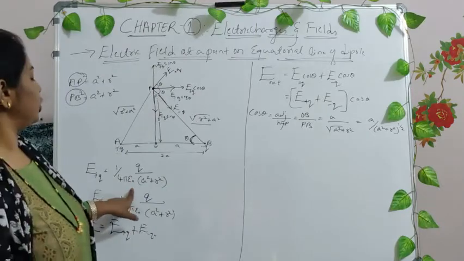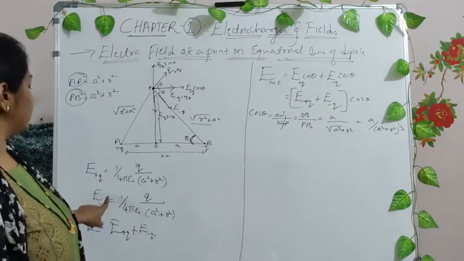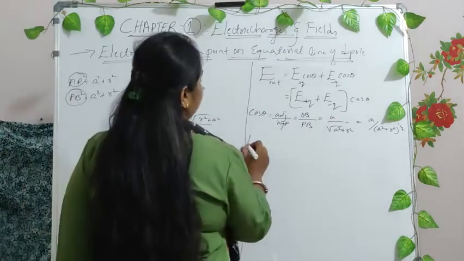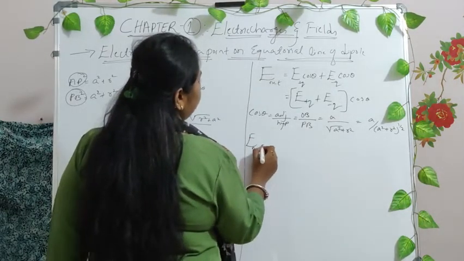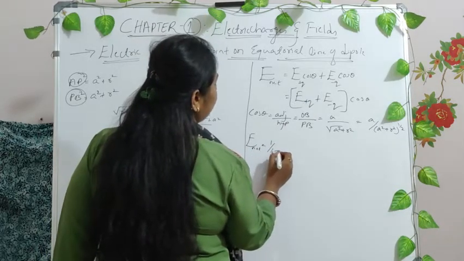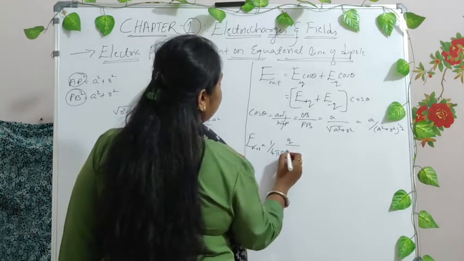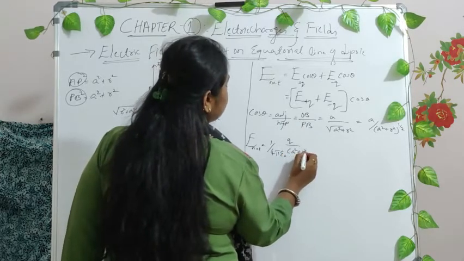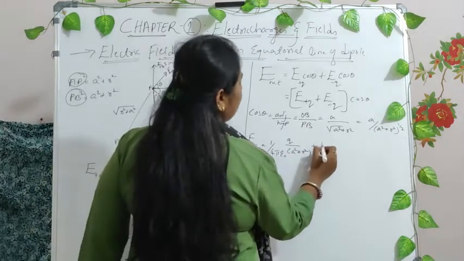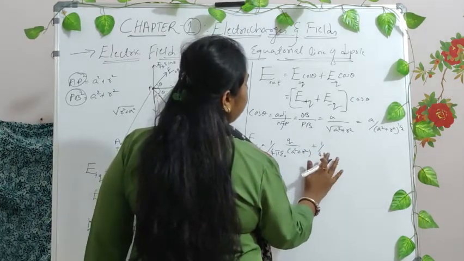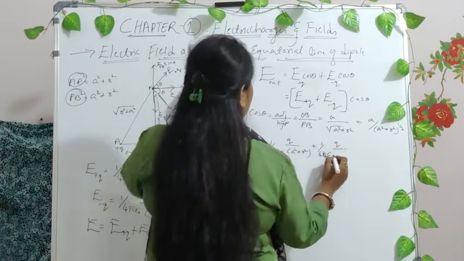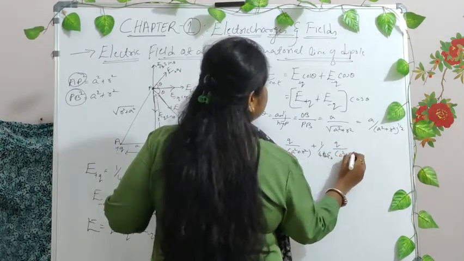Now substitute all the values, E because of positive Q, E because of negative Q and cos theta, in this equation. What do you get? E net will be equal to, E positive Q, which is 1 divided by 4 pi epsilon naught, Q divided by A square plus R square, plus 1 divided by 4 pi epsilon naught, Q divided by A square plus R square.